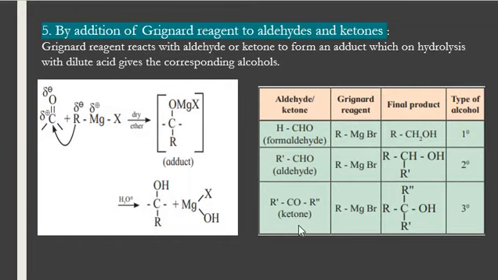If you are taking ketones having different alkyl groups attached and you are adding the same Grignard reagent to this ketone, you will be getting tertiary alcohol. So with the help of Grignard reagent we can make 1 degree, 2 degree, 3 degree, all sorts of alcohols.